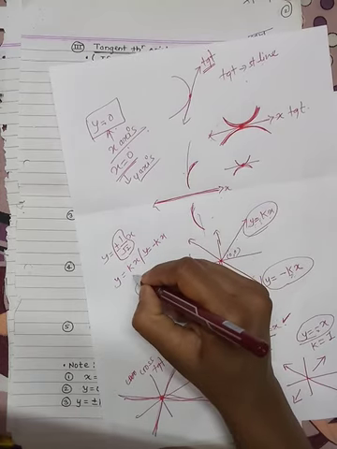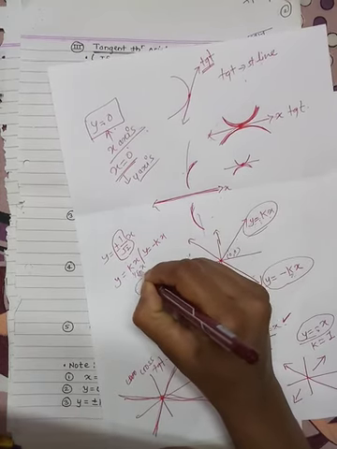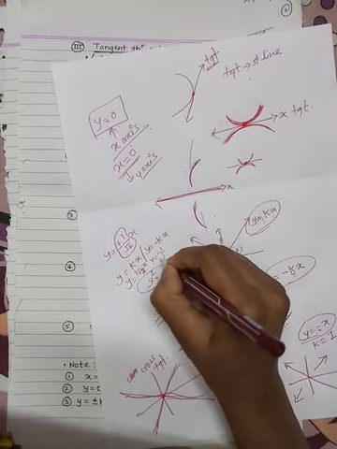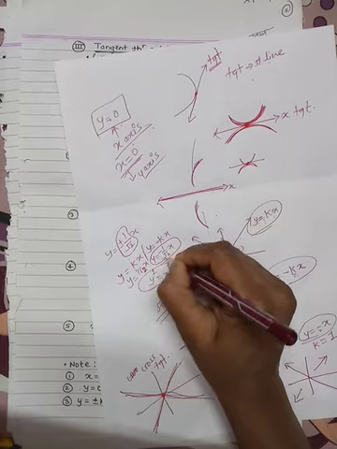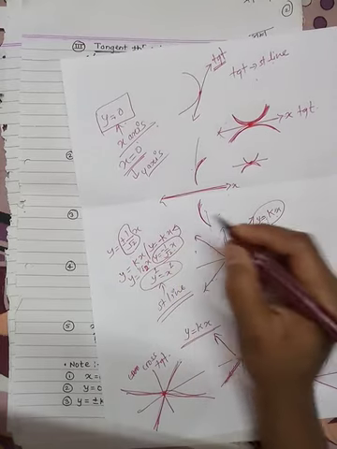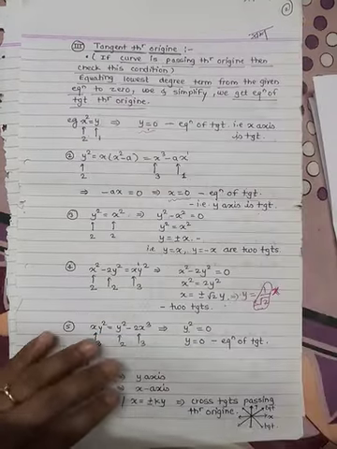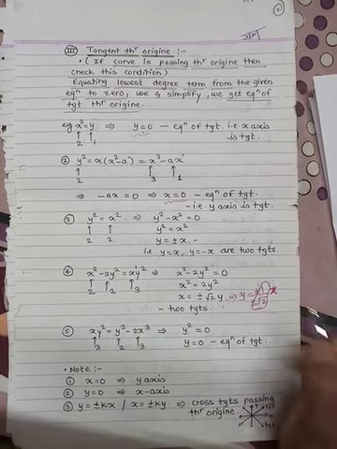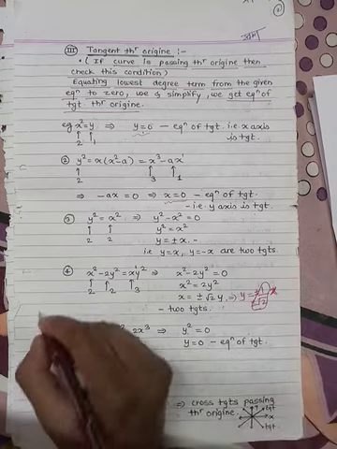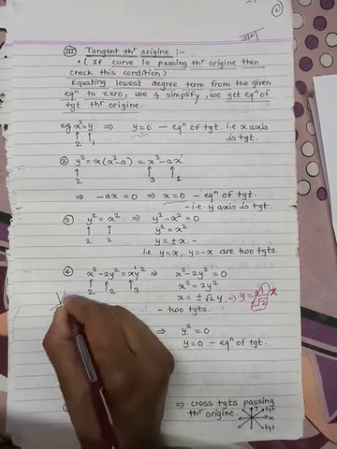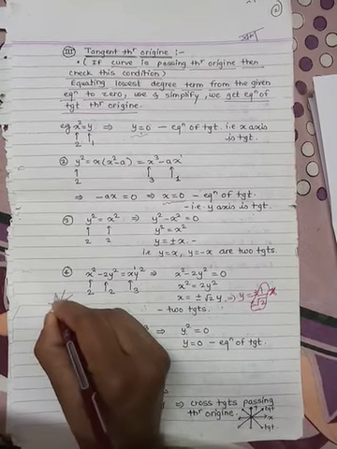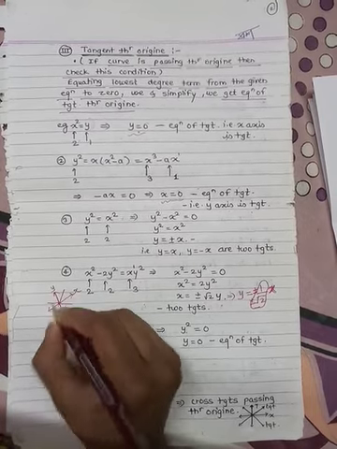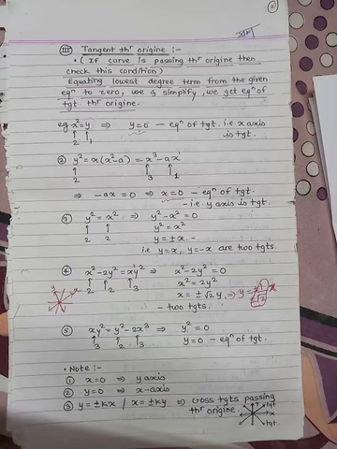So y equal to 1 by root 2 x matches this, and y equal to minus 1 by root 2 x, this particular equation, matches this general equation. So we get cross tangents. These are your cross tangents passing through the origin, these two. This is your y-axis, x-axis, and these are your cross tangents.